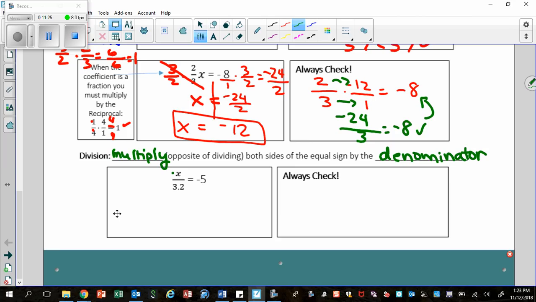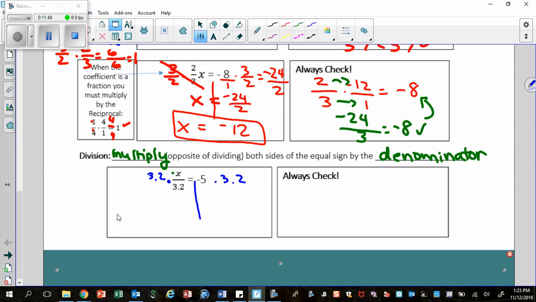So we're going to multiply by the denominator. My denominator in this problem is 3.2, so I'm going to multiply by 3.2 on this side and by 3.2 on this side.